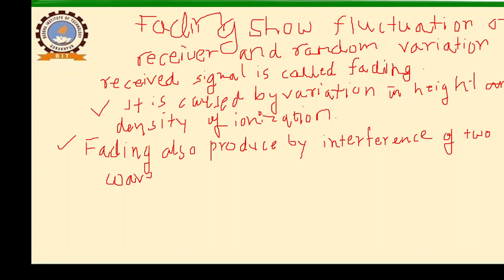Actually, fading is normally a variation not only in terms of attenuation but also in terms of time delay. In the previous lectures we already saw how this occurs in multipath propagation.